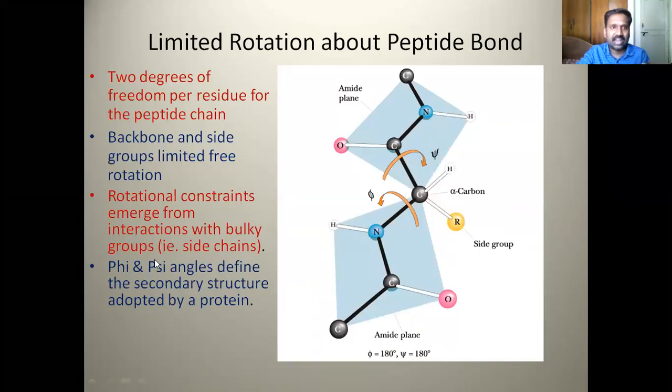Next time we have a class, we'll ask this question very directly: is any value of psi and phi possible for an amino acid residue inside a peptide?